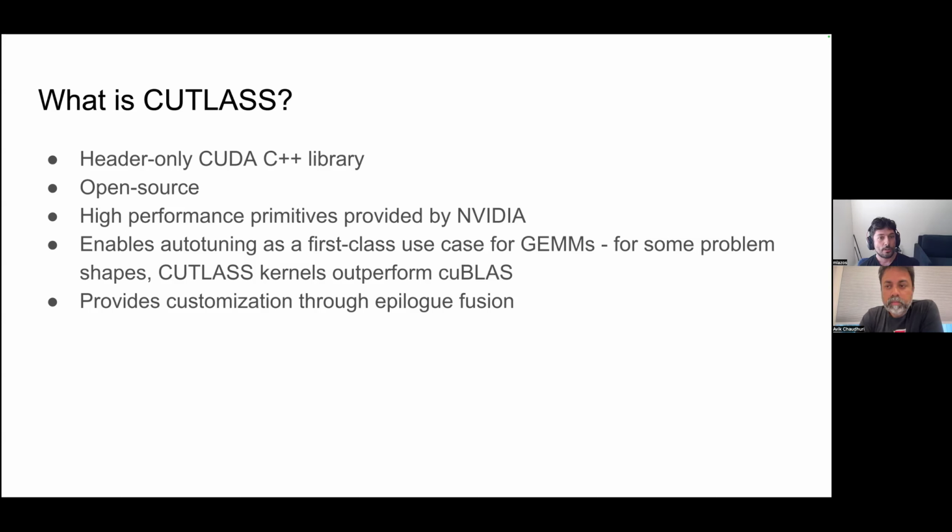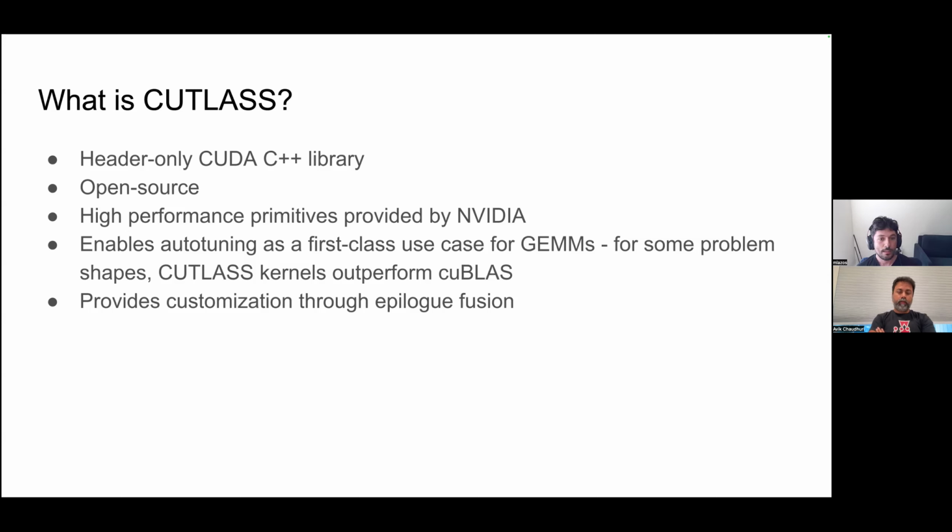And so these primitives are really performant. A lot of them can approach roofline on really large gems. The main draw of Cutlass, though, is enabling auto tuning as a first class use case. For some problem shapes, Cutlass kernels can outperform cuBLAS, and this is basically because it's making specific choices for your problem size and workload.